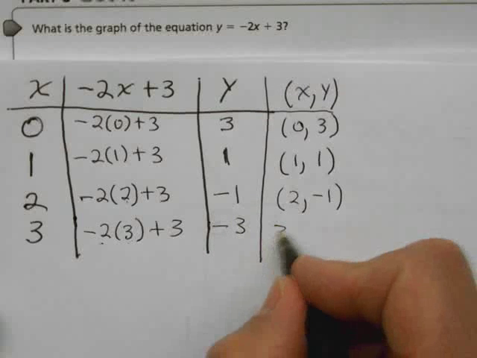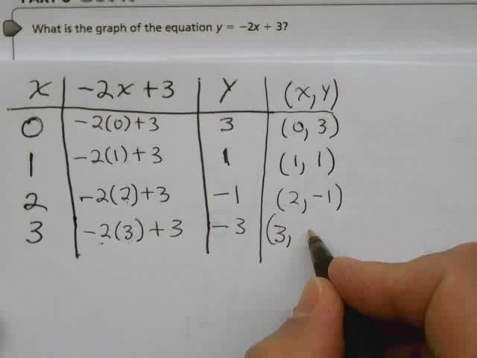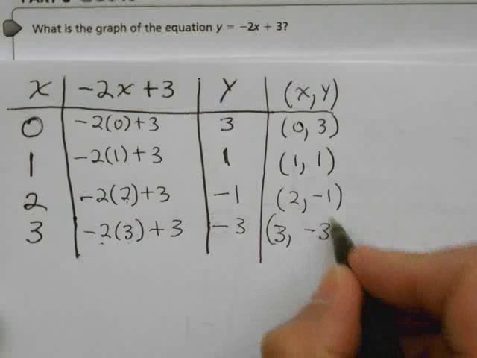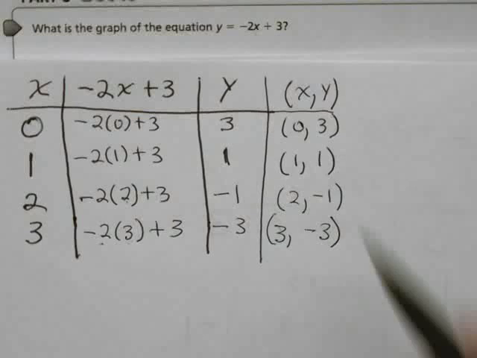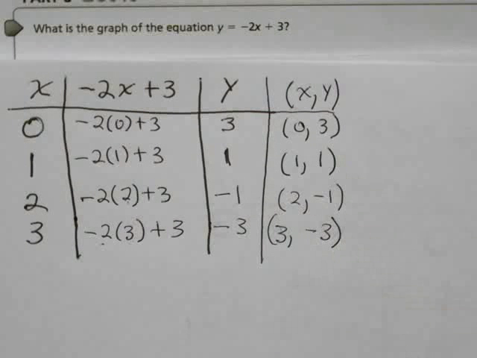So when x is 3, y is going to be negative 3. All right, now I've got a set of ordered pairs here, and I can put them onto a graph and then draw a line. So I'm going to pause for a moment and get a graph, and we'll plot these points and draw the line.